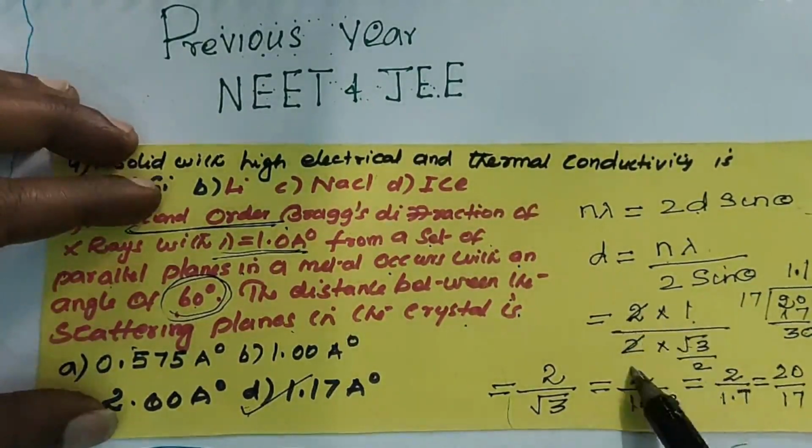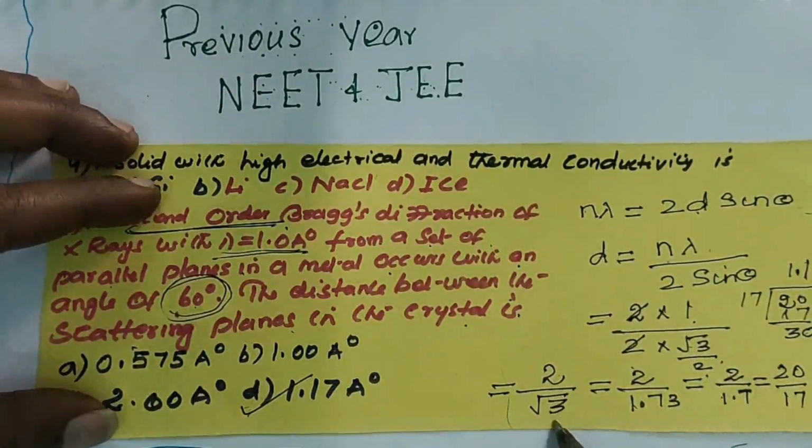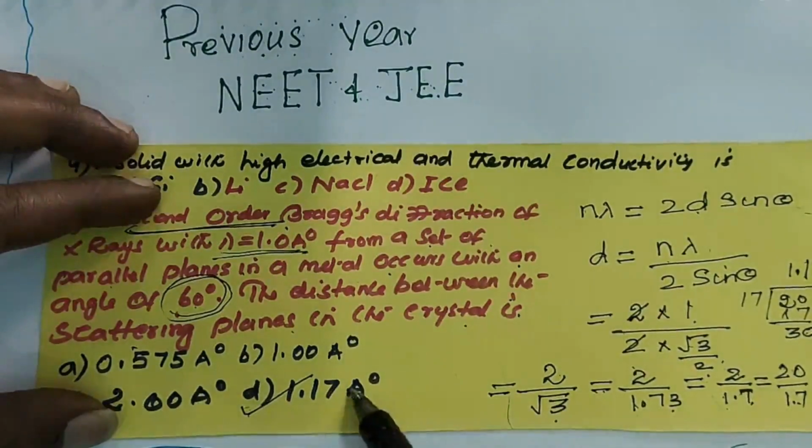The 2 gets cancelled, and the denominator root 3 by 2 takes the reciprocal. So 2 by root 3 is equal to 2 by 1.73. 1.73 is considered as 1.7, and to get a whole number, multiplied by 10. So 20 by 17, that is equal to 1.17.